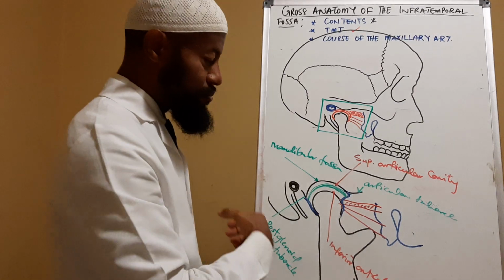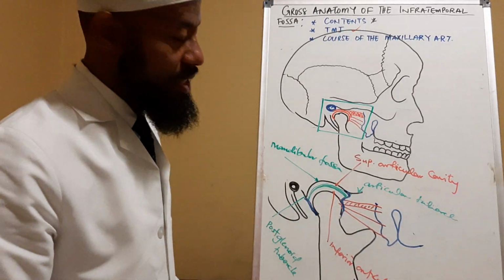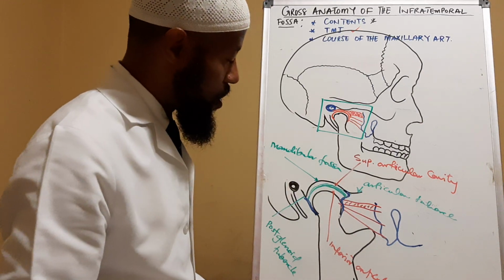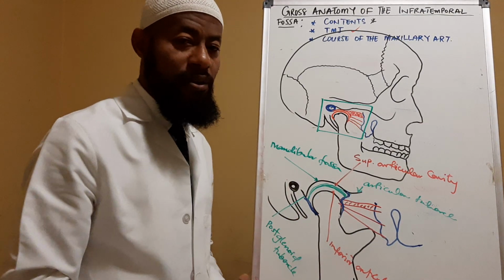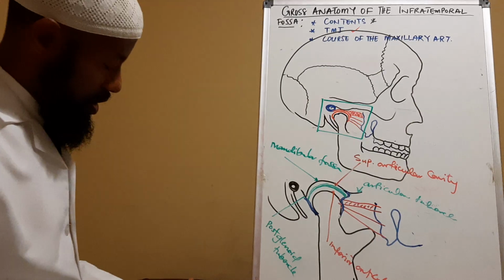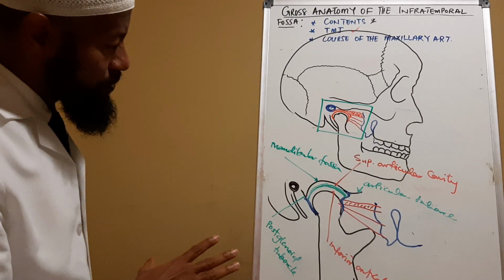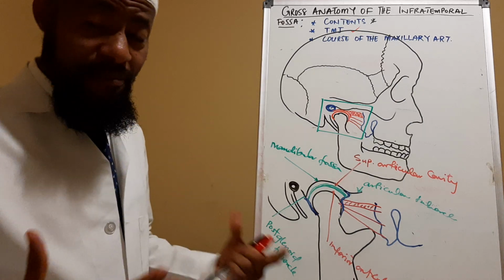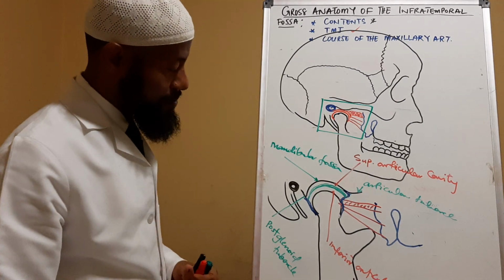That can cause an anterior dislocation when you yawn excessively, or have a blow or trauma to the mandible.